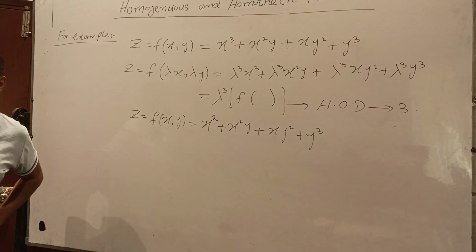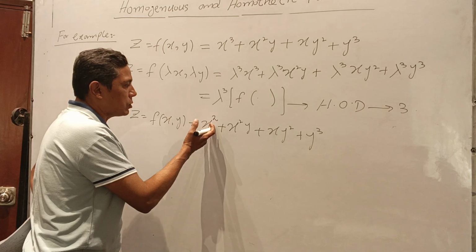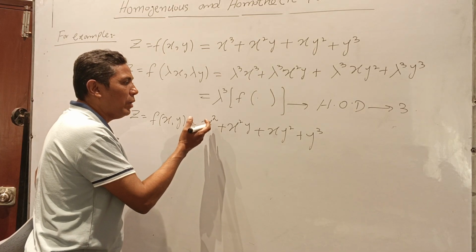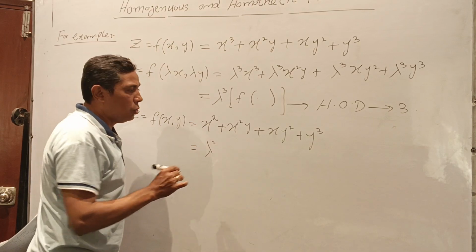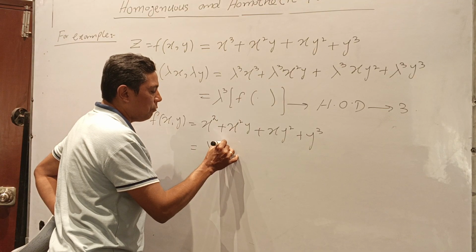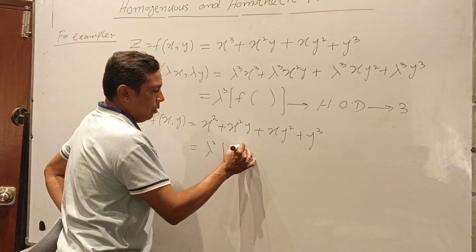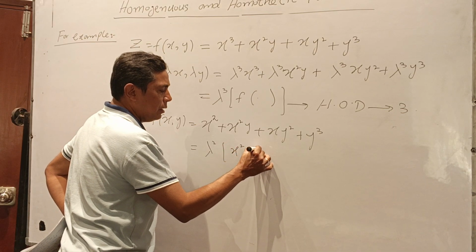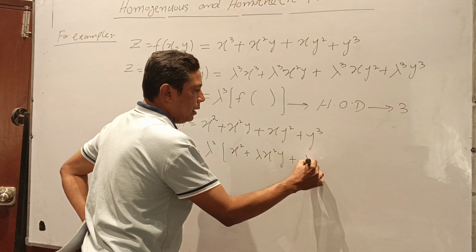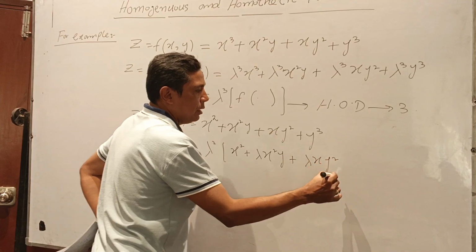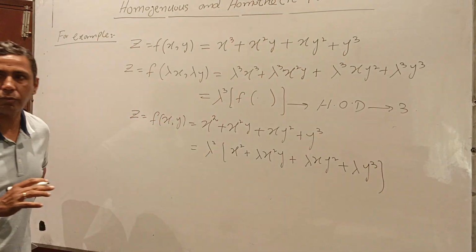So in this condition you cannot factor out lambda completely from here because you have x square here. So the maximum value of lambda which you can factor out will be lambda square. Am I right? So finally you will have x square plus lambda x square y plus lambda x y square plus lambda y cube. You will have finally this function.